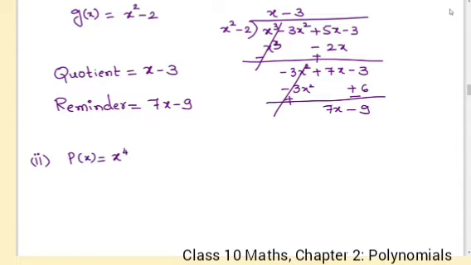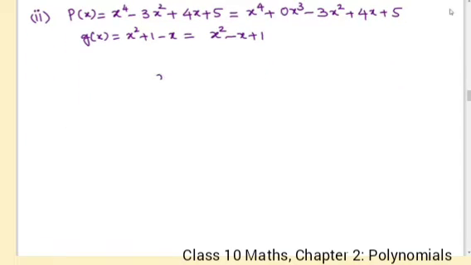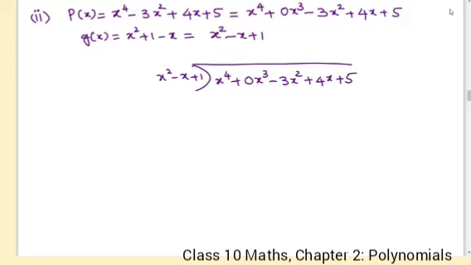Second one, p of x is equal to x to the power 4 minus 3x square plus 4x plus 5, or you can write it as x to the power 4 plus 0x cube minus 3x square plus 4x plus 5, and g of x is given as x square plus 1 minus x. You can write it as x square minus x plus 1. Now divide these two terms. So see here, like this you have to divide.